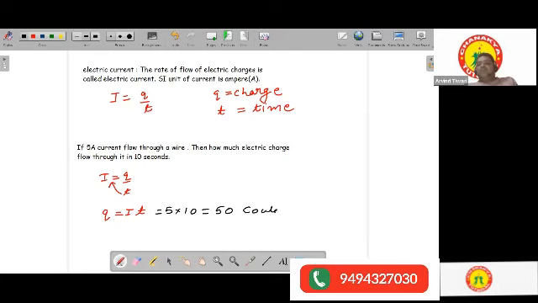You should also write coulomb, as the SI unit of charge is coulomb, or we can also write it as ampere second.